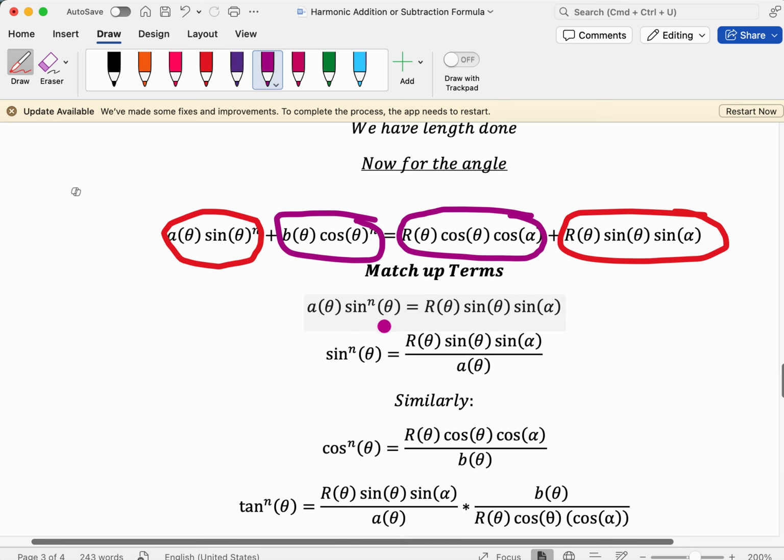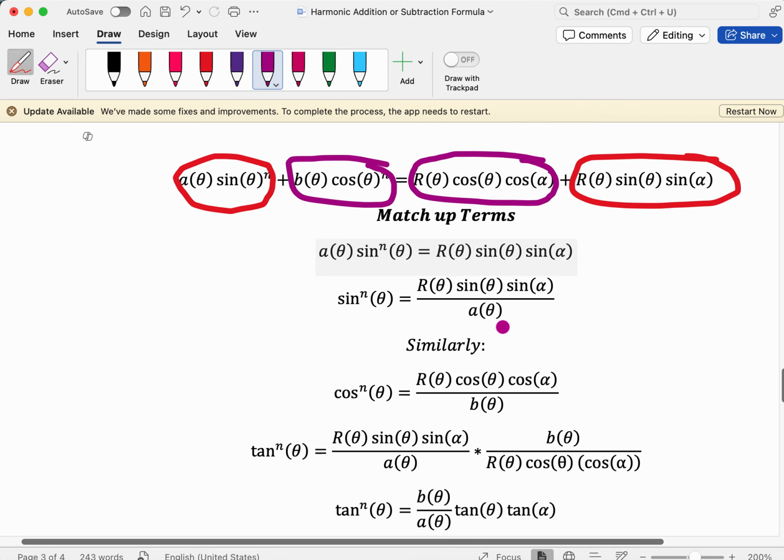And now we're going to parameterize for sine of n theta by dividing both sides by a of theta. Similarly, we're going to do that with cosine of n theta, which we get once we divide cosine of theta to the n by a single cosine. You get cosine to the n minus 1 theta.